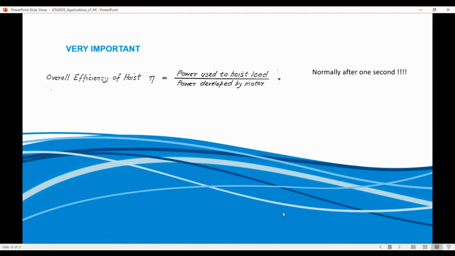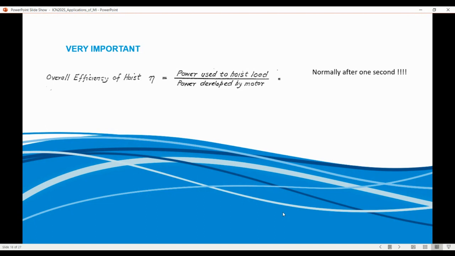Another thing that is important here, which I literally discovered last night and thought would be cool, is something called the efficiency of a hoist. It is essentially the power used to hoist the load, which is normally force times velocity, divided by the power developed by the motor, which is torque times omega. We have to specify after how long, and we normally look at 1 second.